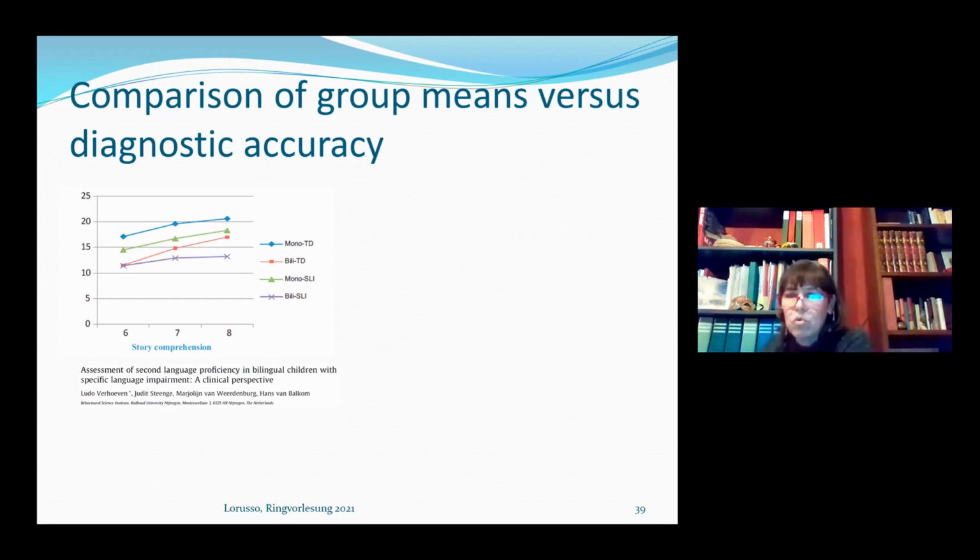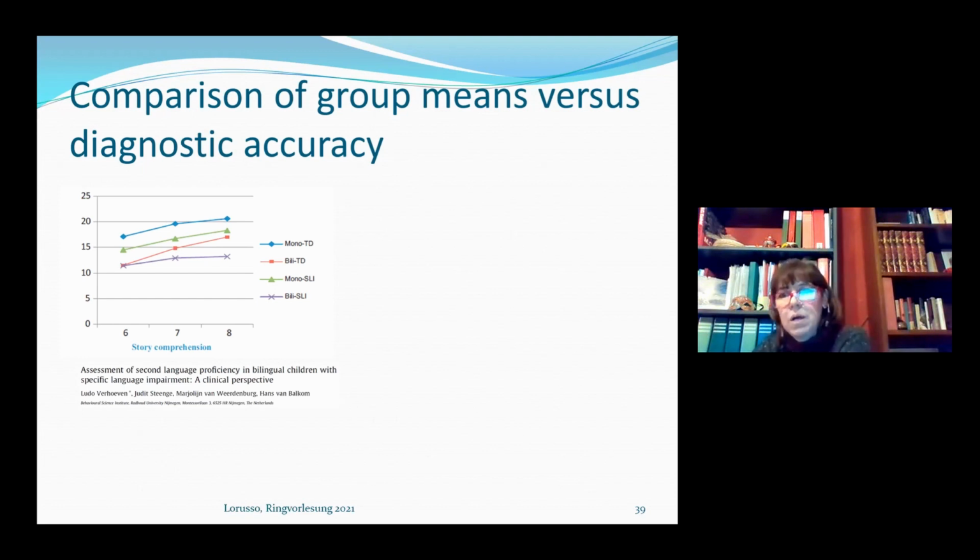Or maybe there is a subgroup which has deviant scores, but also a subgroup which does not have deviant scores. So if I use that marker to detect the presence of a disorder, I could be completely misled by that measure, because maybe the individual or the child that I assess does not have a deviant score.